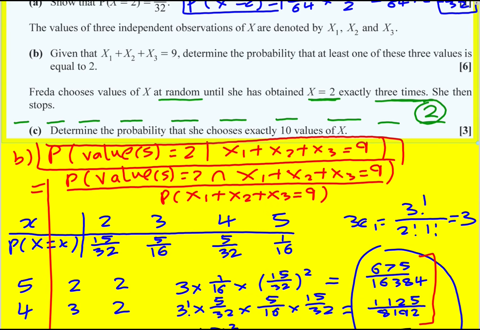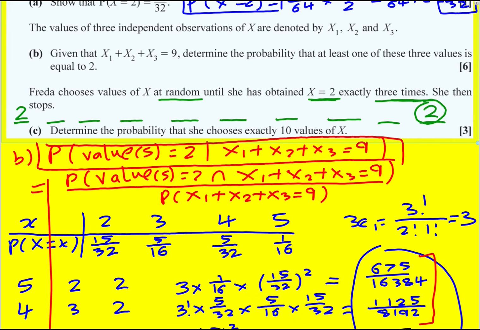But then there's lots of different ways that she can pick values to get x equals 2, another 2 times. So could get a 2 here and maybe a 5 here and maybe a 2 here and a 4 here and so on, like absolutely loads of ways. Now that is not a good way to do it. We don't really care if she gets a 2 or gets a 5 or a 3.